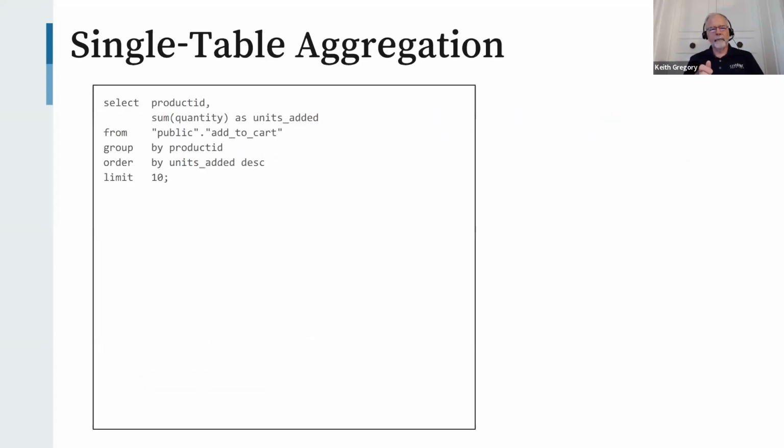So for queries, here's a simple query that basically treats the add to cart as a fact table, and it's aggregating by product ID, the amount of that product added to the cart, and the top 10. Pretty straightforward, single table.